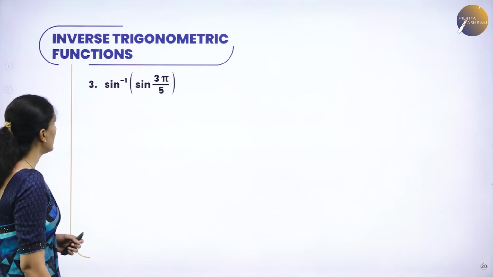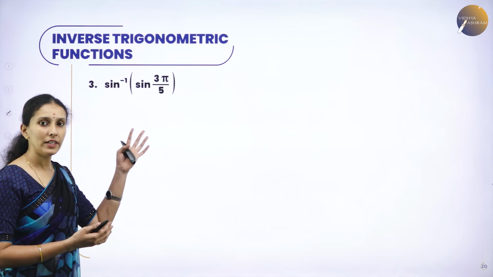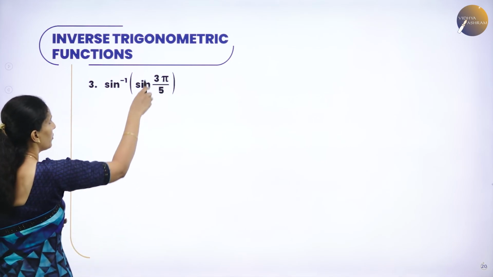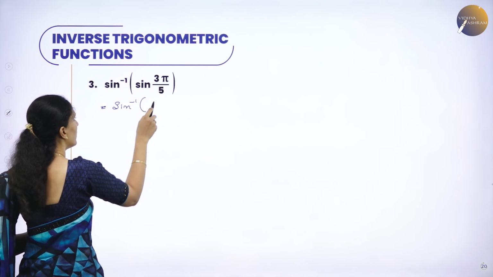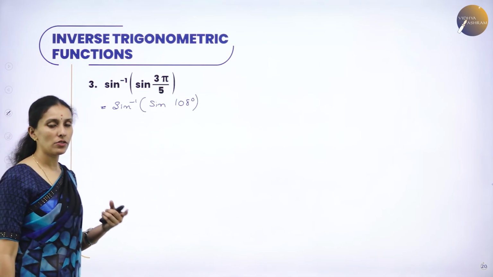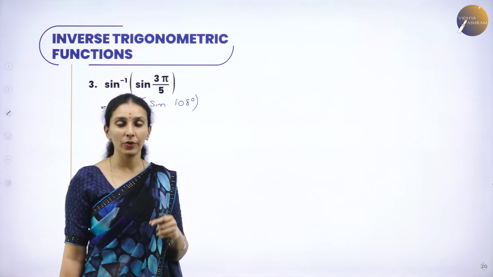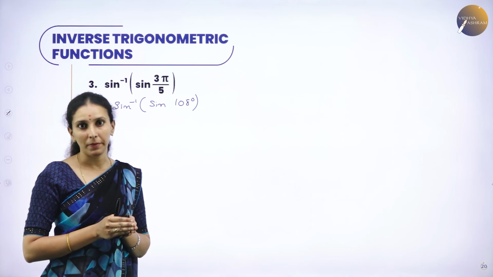Next question. Sine inverse of sine 3 pi by 5. We can also solve this using the degree values. You can convert this radian into degree. Sine inverse of sine, this is 108 degrees. When you solve 3 pi by 5, you will get the value as 108 degrees. But 108 does not lie in the principal value branch.